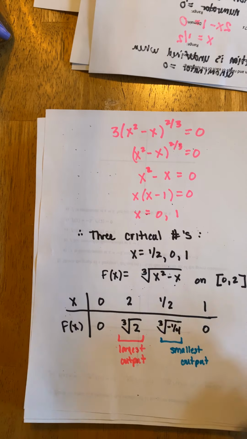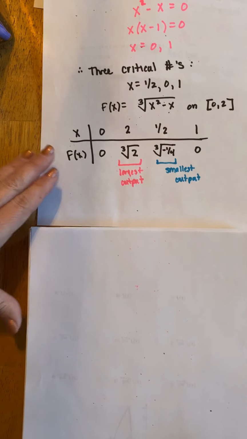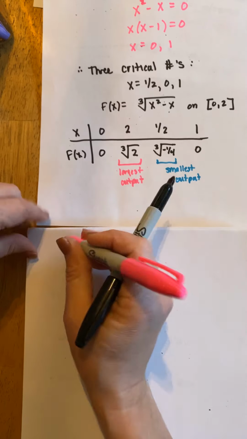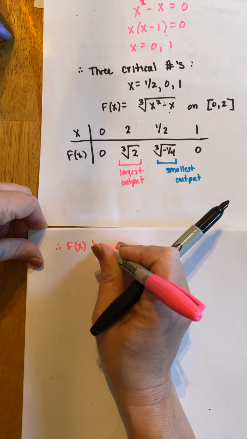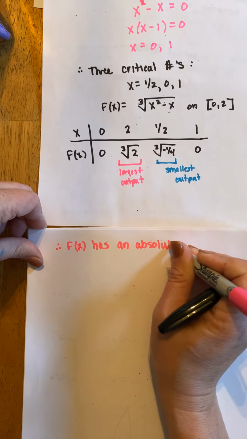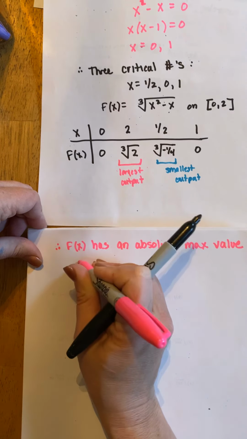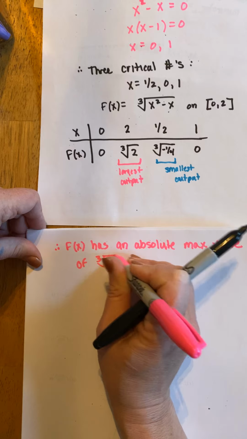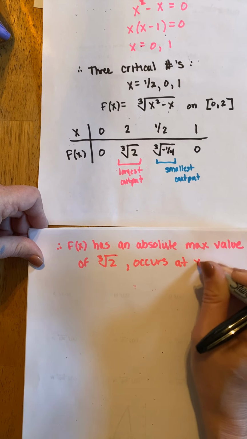So therefore, I can conclude, this is not as nice or as easy as a polynomial. Therefore, f of x has an absolute max value of the cube root of 2, and it occurs at x equals 2.